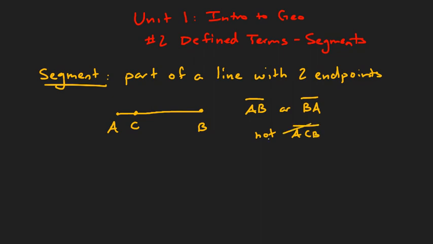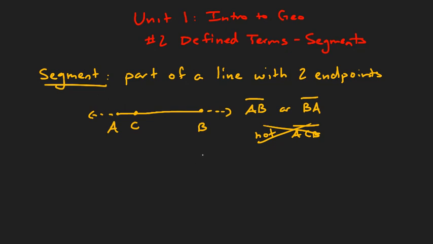We don't need three letters. You have to name the segment by its endpoints, A and B in this case. Now, as I said, this is part of a line. So if you just extended it out, there's that part of the line, and there's that part of the line. We're just looking at this part of the line in between A and B, and then point C is somewhere on it.